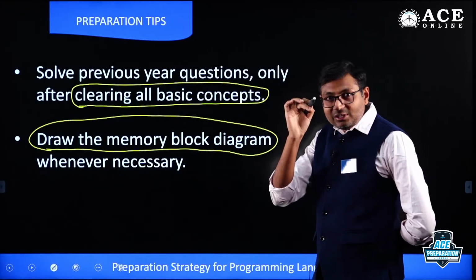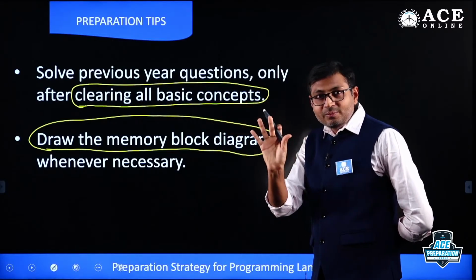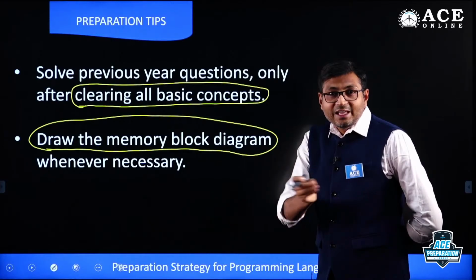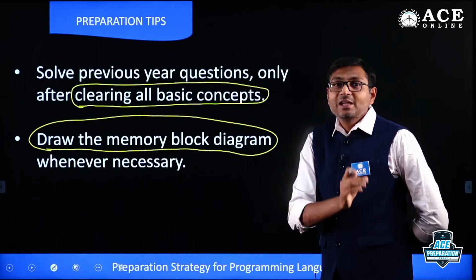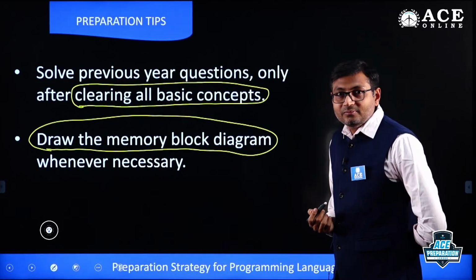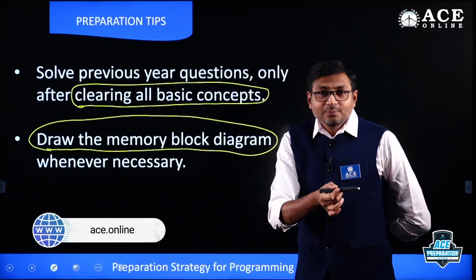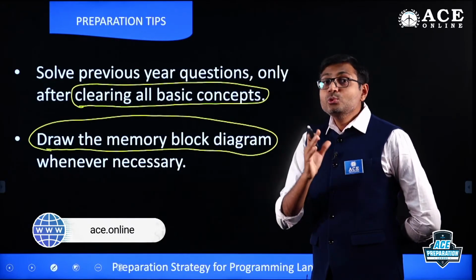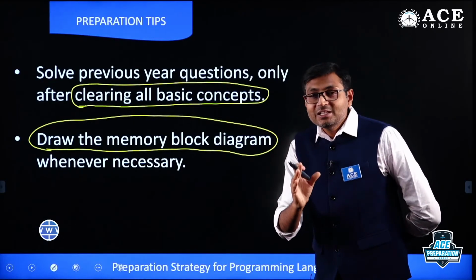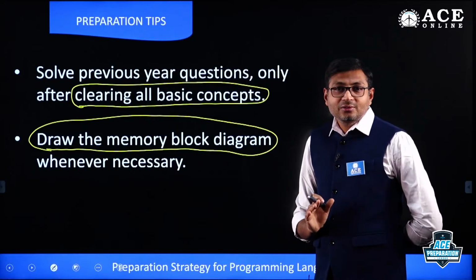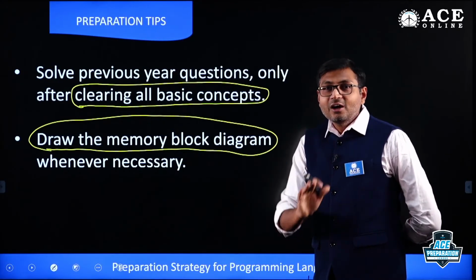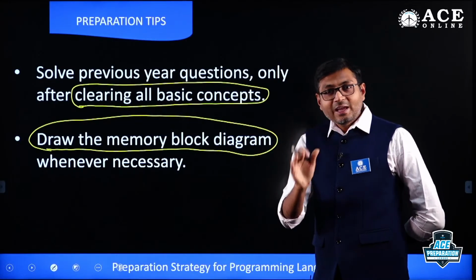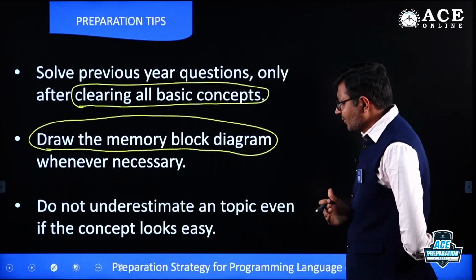Once you have a clear representation of the memory, it becomes very easy to execute the program line by line. By directly executing the program, sometimes we lose track of the variables and their addresses. So to avoid that, upfront, whenever necessary, allocate the memory blocks and then execute the program.